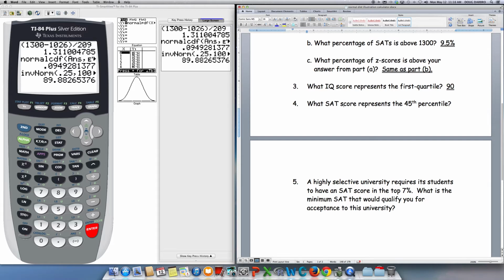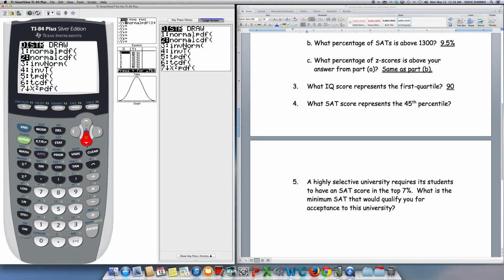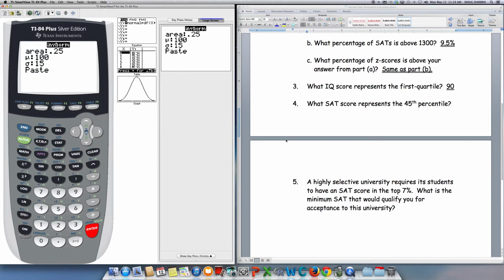All right, number 4, what SAT represents the 45th percentile? Again, you're looking for a score from the distribution, not a percent, proportion, or percentile ranking. So 45th percentile indicates that there's 45% of the scores below it, so as a decimal that's just 0.45.